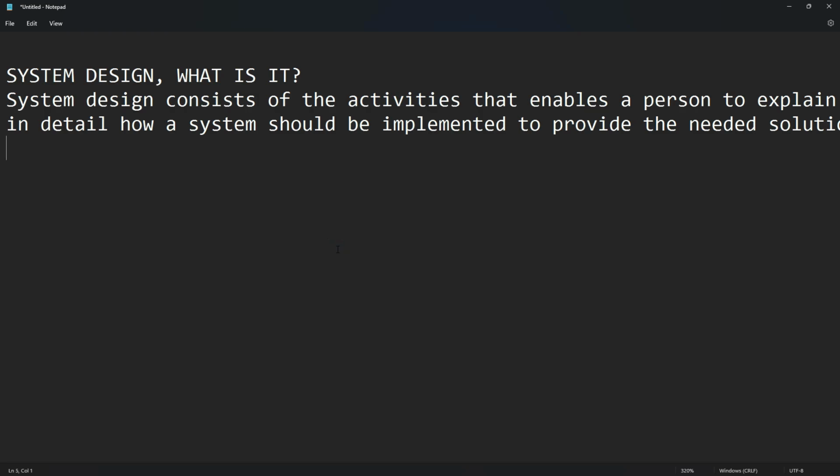So when you know all these things, it has fulfilled the task of providing you the needed solution. That is what system design is. System design talks about how the information system solves the problem. So just like I said. Now let's go to the development process.